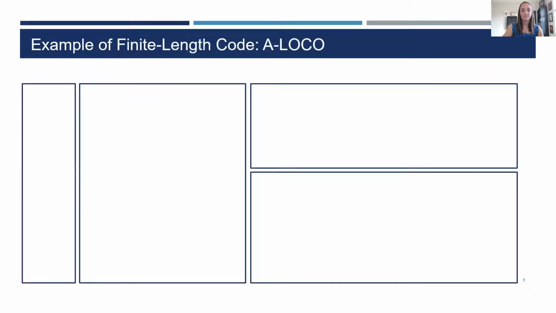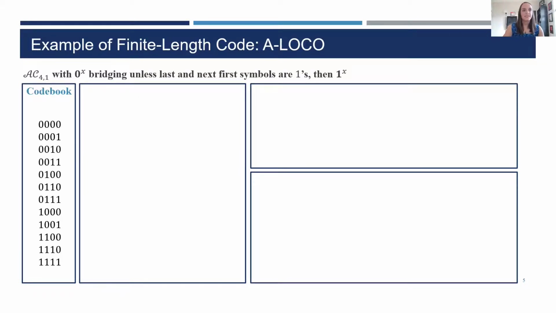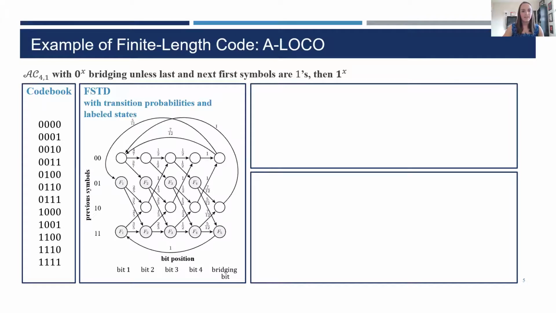Here is a quick example of calculating the power spectral density of an A-LOCO code. We use A-LOCO where M equals 4 and X equals 1. This code has the codebook listed here on the left, and you can notice that in this codebook, there is no pattern of 101 occurring. This is the FSTD for this code, and you can see that we've already labeled the OSTD states as F1, F2, F3, F4.